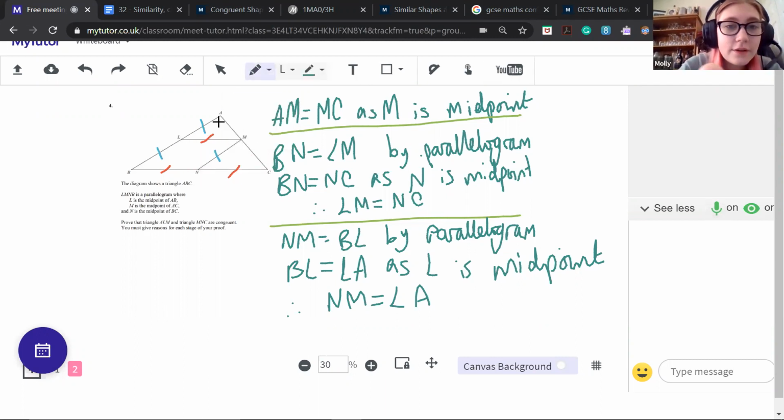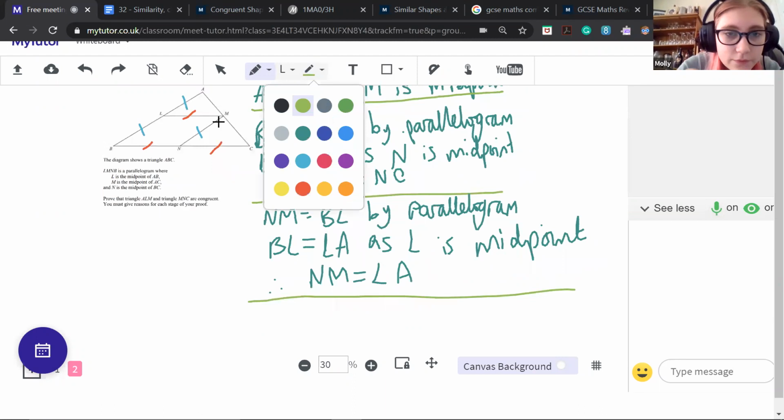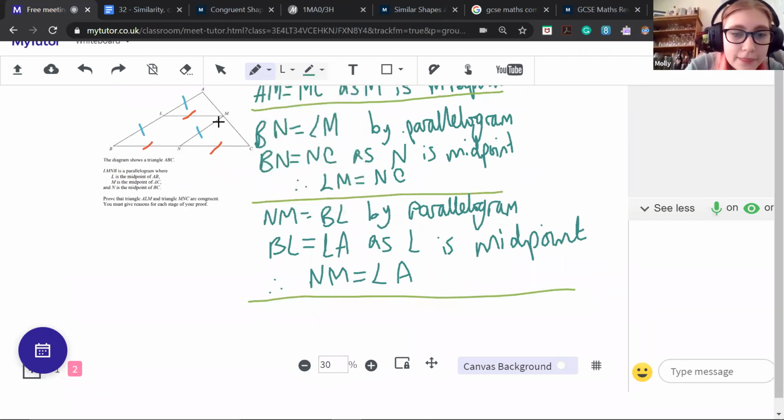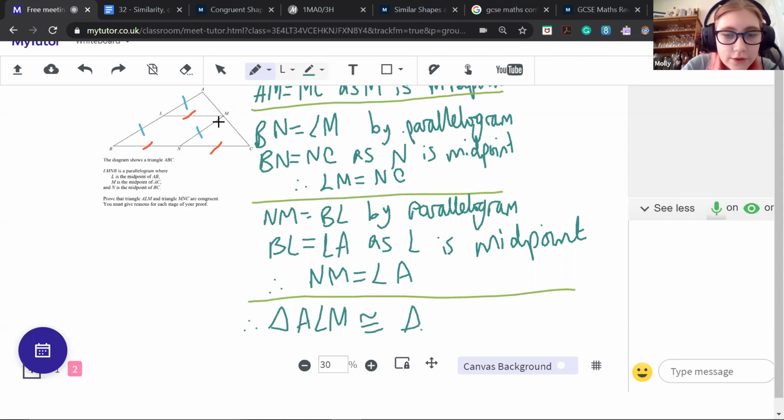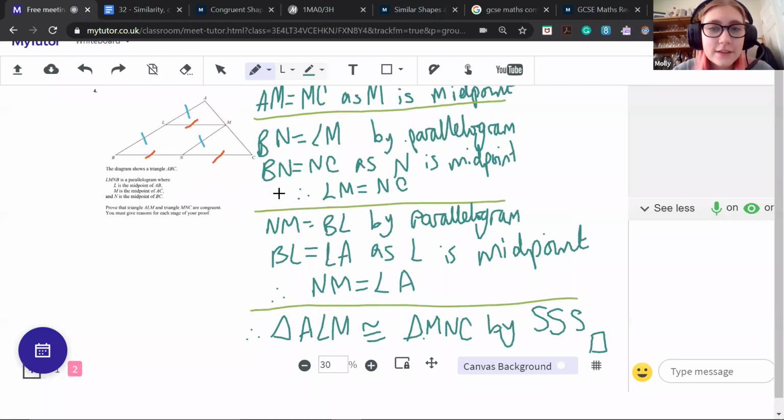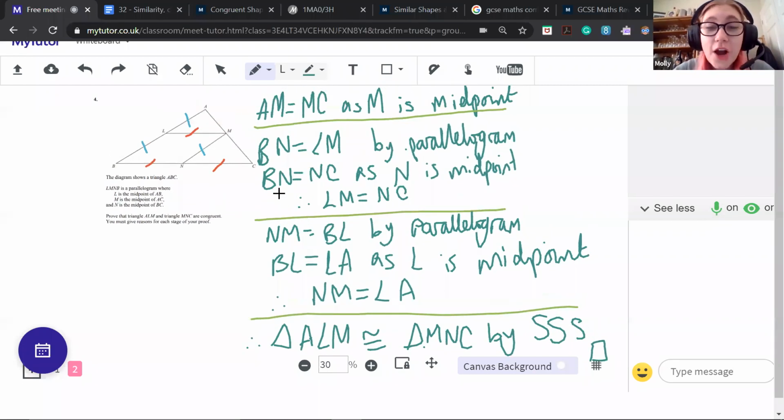So then, final step, all we have to say is therefore, triangle ALM is congruent to triangle MNC by side, side, side. Proof is complete.